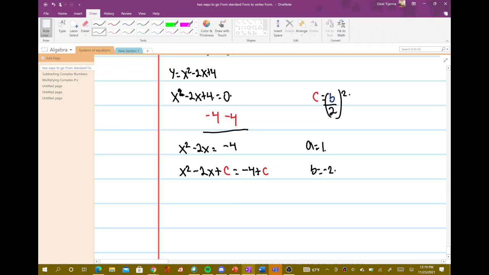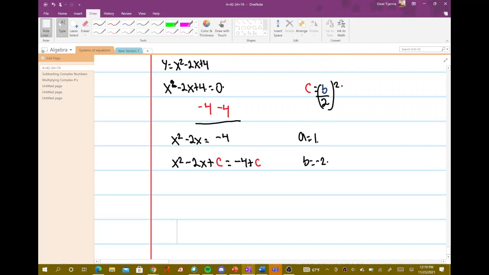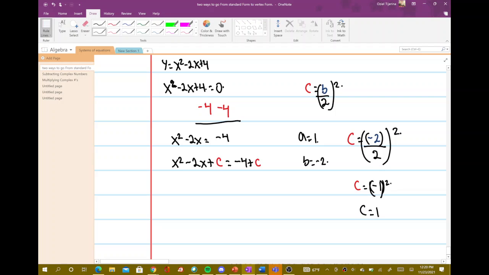You always want to remember this standard form. So you're going to say c is equal to your b value. We know that b is negative 2, so you have negative 2 over 2 quantity squared. This gives us that c equals negative 1 squared, and that means that c equals 1.